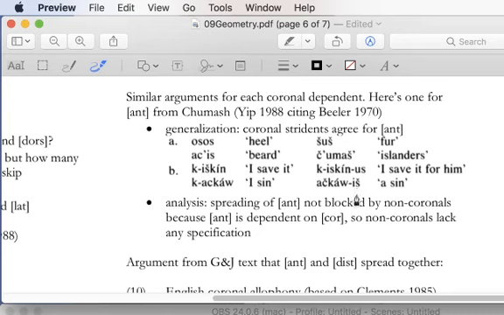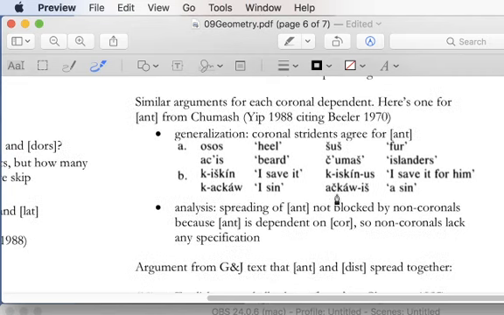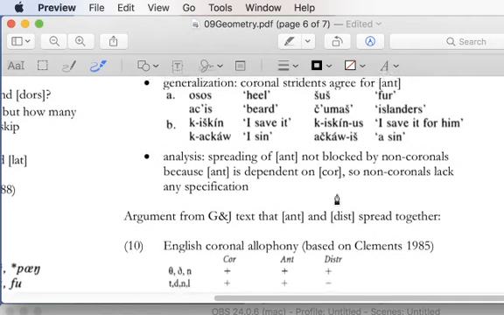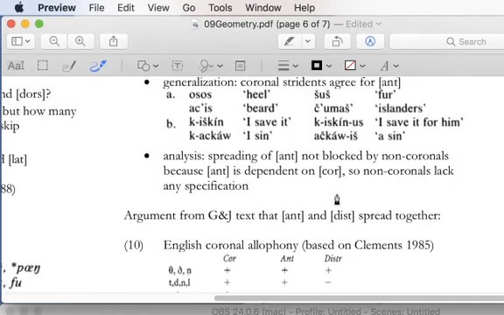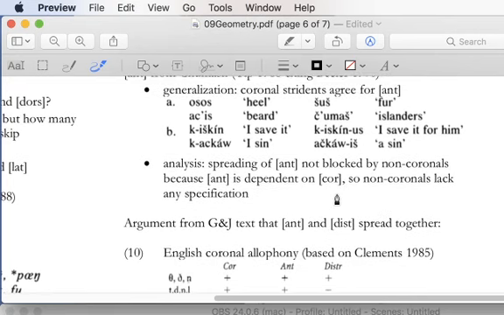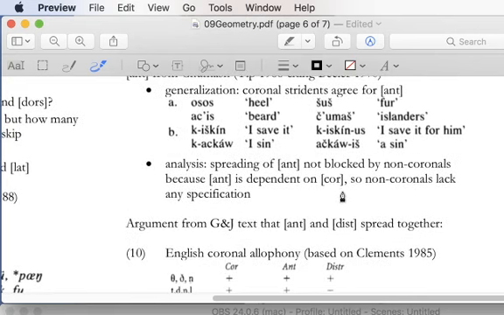Similarly, we put on a suffix that has a minus anterior sha in it, and this root, which originally had a plus anterior tsa, goes to minus anterior cha. So this is interesting. On the one hand, we're going to say that within a word here, there's a process that spreads the anteriority feature from one strident segment to a preceding strident segment.